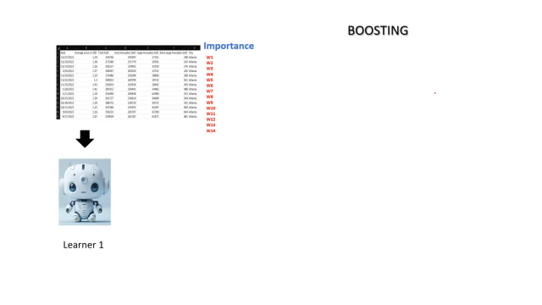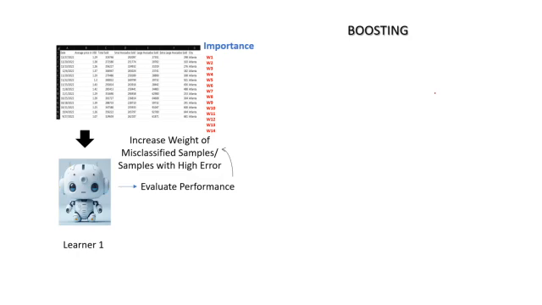The learner trains on this data, and you evaluate its performance. The learner will definitely make some mistakes, and for the misclassified samples or the samples where the error is pretty high, you will increase the weights.